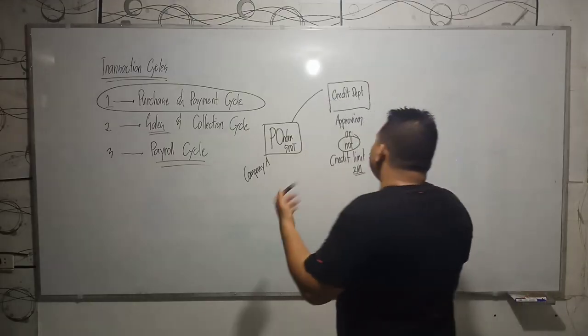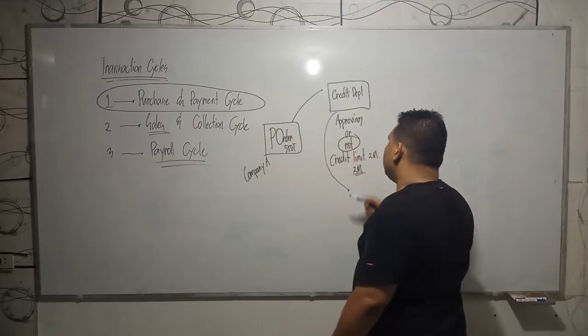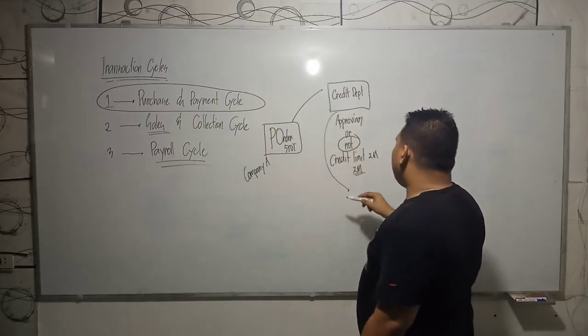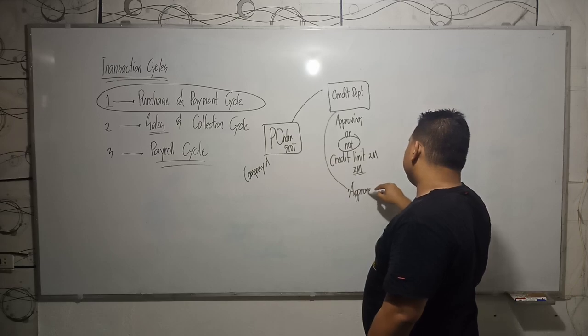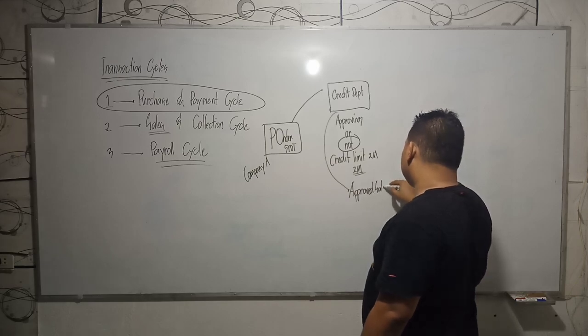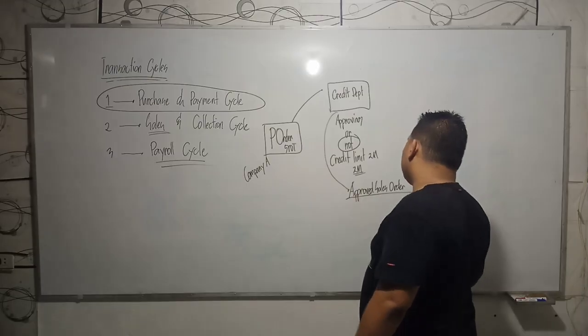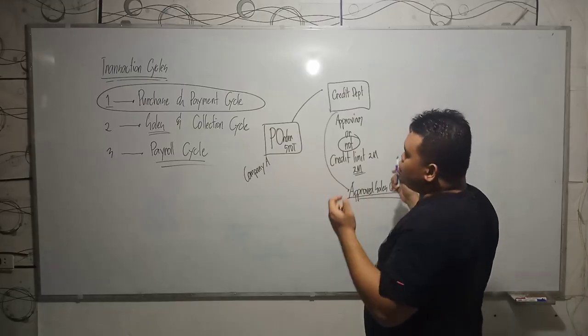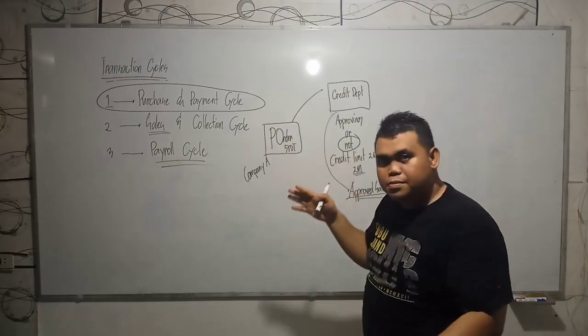Now, for example, if it is approved already, then the credit department will now make an approved sales order. The approved sales order means it is already approved that company A shall receive what it ordered. Okay?